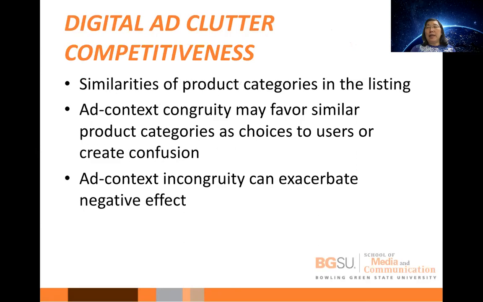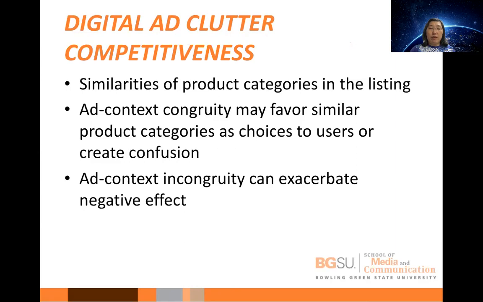So the second dimension is advertising clutter competitiveness. So how do you do it? For competitiveness, you can make sure the similarities of the product category in the list are relevant. And you know that they would be similar, especially with a search engine. So then the ad context congruity is very important.